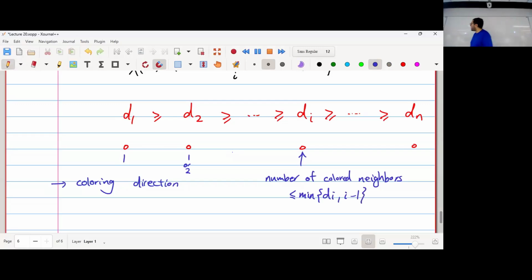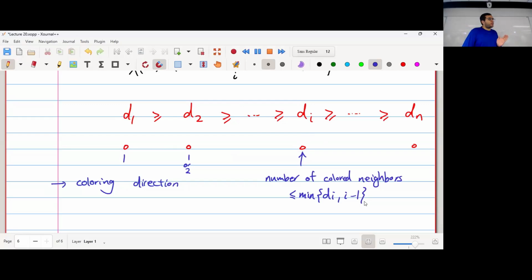I cannot have more than d_i neighbors at all, so I cannot have more than d_i colored neighbors. And I've only colored i minus 1 vertices before this vertex, so I cannot have colored more than i minus 1 neighbors.